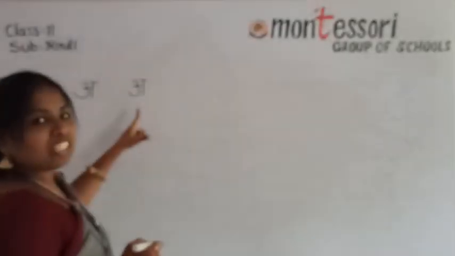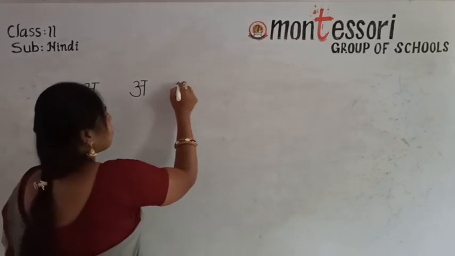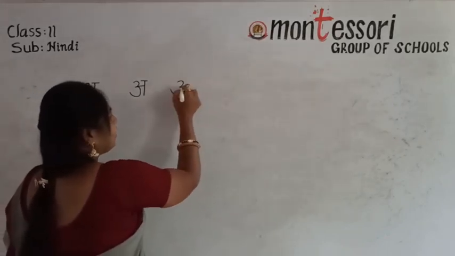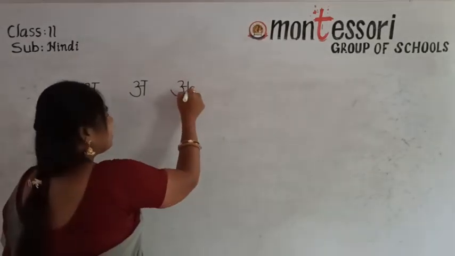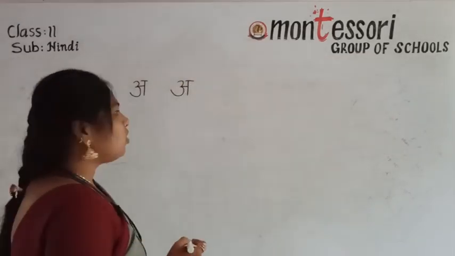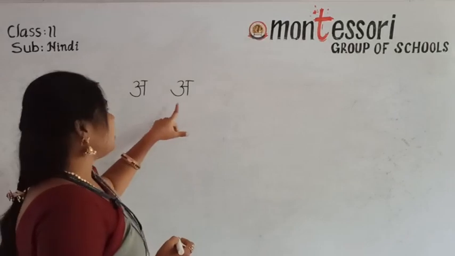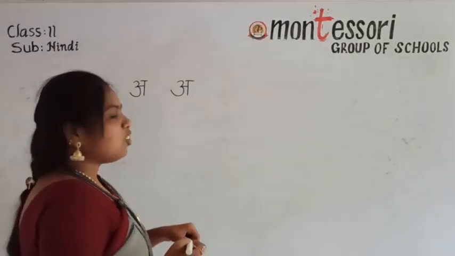Now it becomes A. In another step I showed that you can write a 3, give one small hyphen there and add a T. It will become A. Simple, easy method, no children?